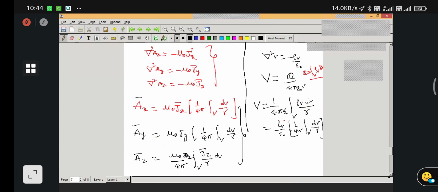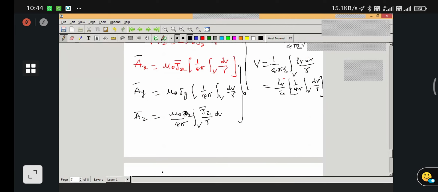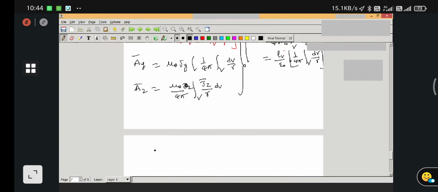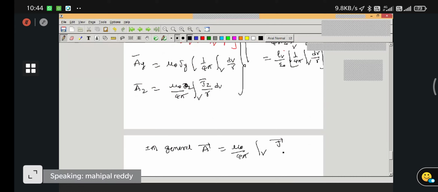In general, the vector A is equal to mu naught by 4 pi times the volume integral of J vector by r dv. In general, we write only the vector A, not in x, y, z coordinates: A vector equals mu naught by 4 pi volume integral of J vector by r dv.